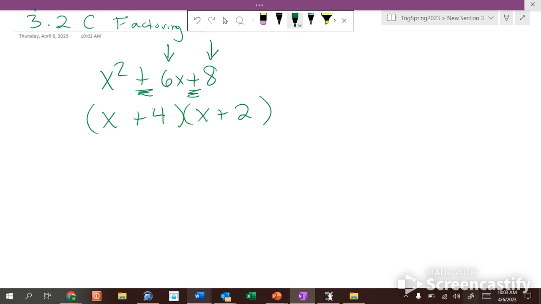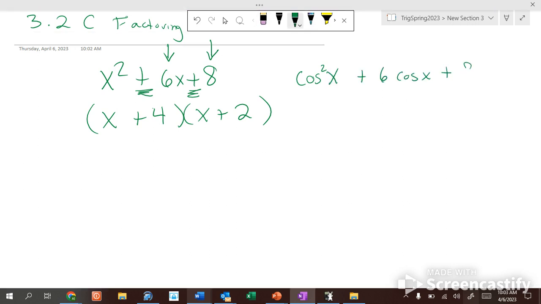Okay? So if I just throw cosines where there's an x, it doesn't change anything as far as the factoring goes.